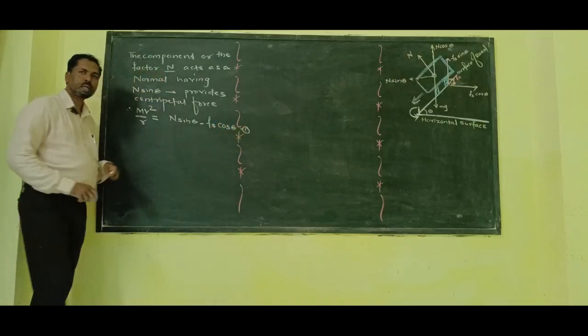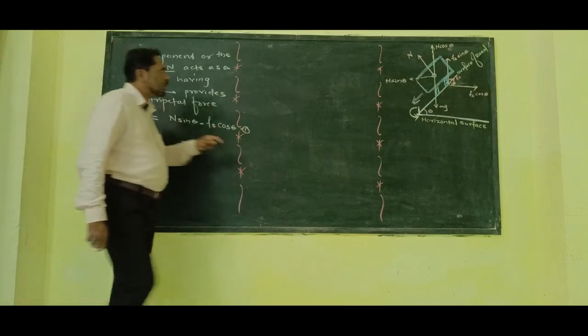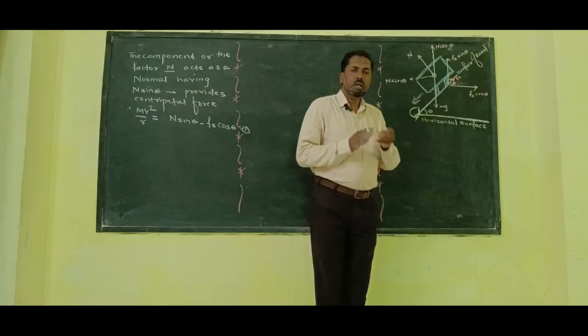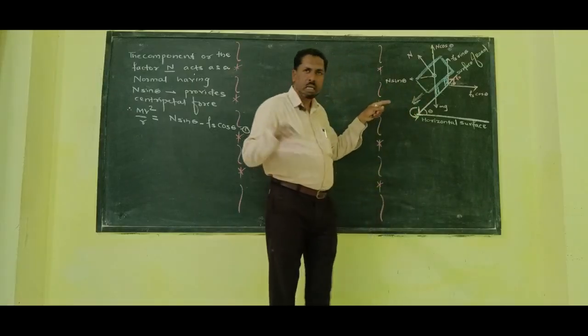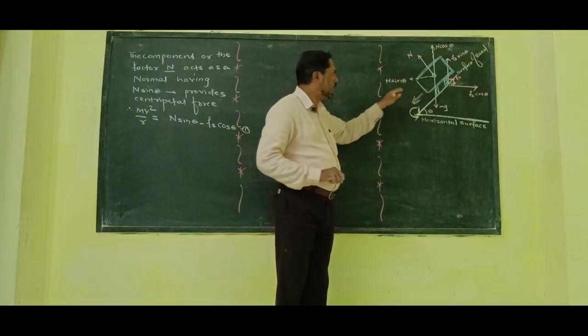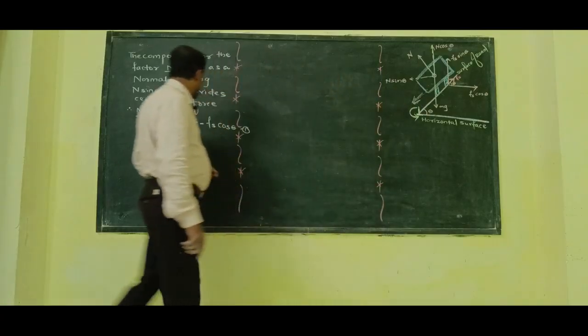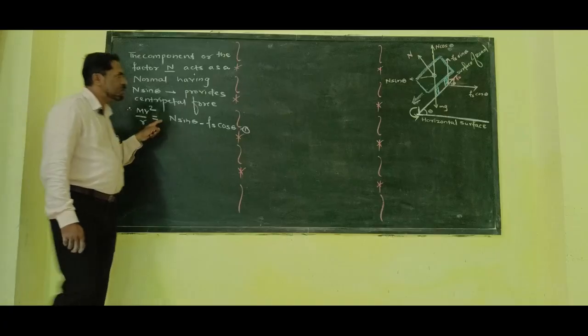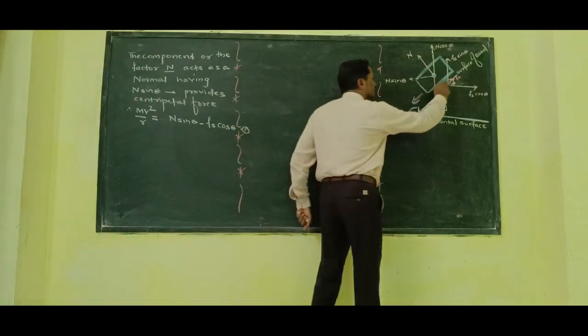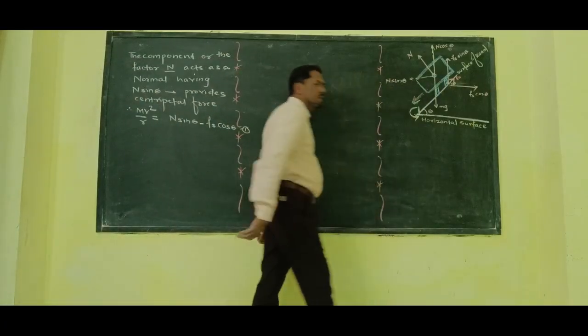Equation number 1. The component n is resolved into two components. N sin theta acts like the horizontal component, useful for centripetal force. So mv square by r is equal to n sin theta minus Fs cos theta.